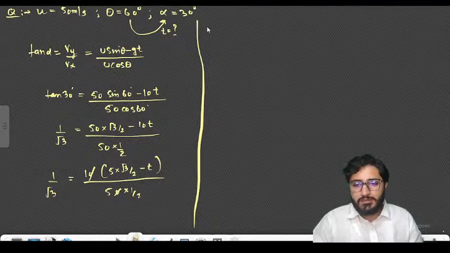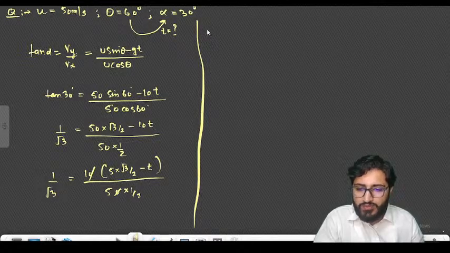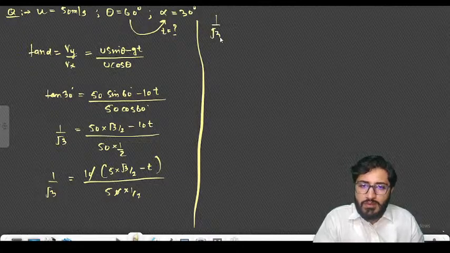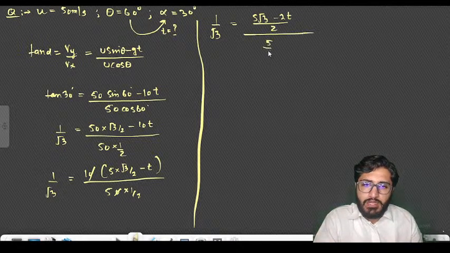So 1 by root 3 equals 5 root 3 minus 2t, whole divided by 2, whole divided by 5 by 2.